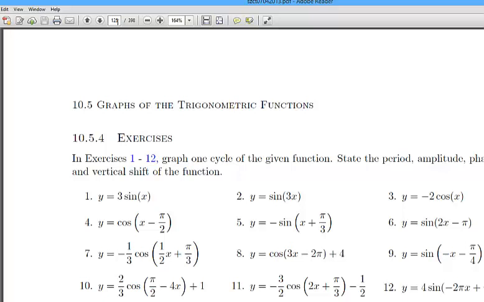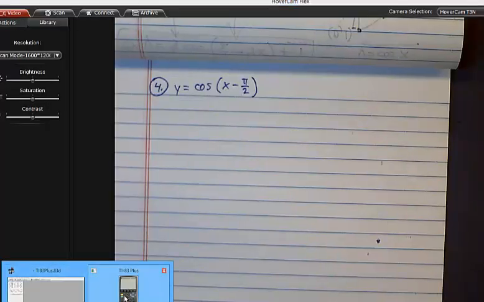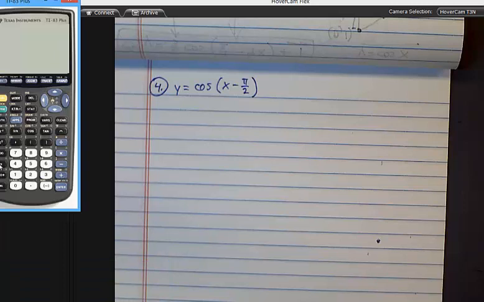So 4 says y equals the cosine of x minus pi over 2. Okay? I want to go ahead and sketch a graph of that. And actually, if I take out my graphing calculator again, I could do the same trick. Let me go to the y equals screen.